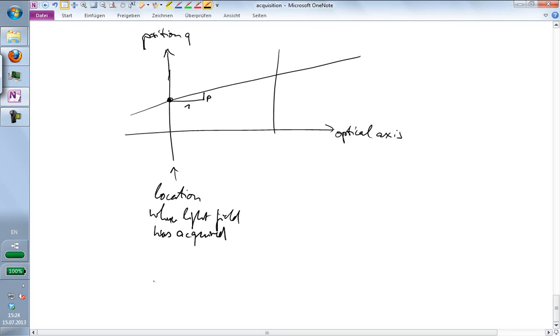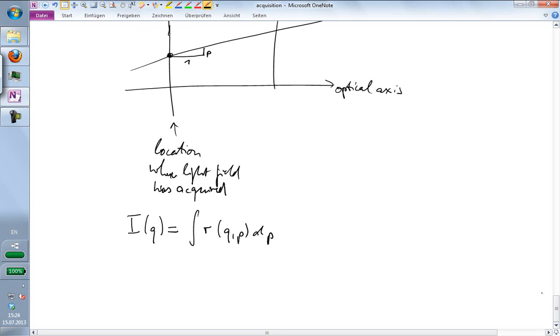And if we wanted to render our image at position Q for the current setting of the lens and so on of our system, we would take the radiance and integrate over all these different angles.